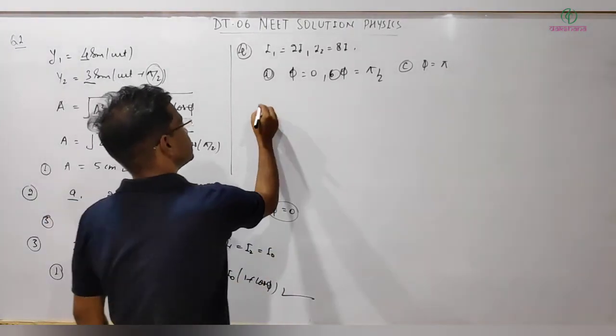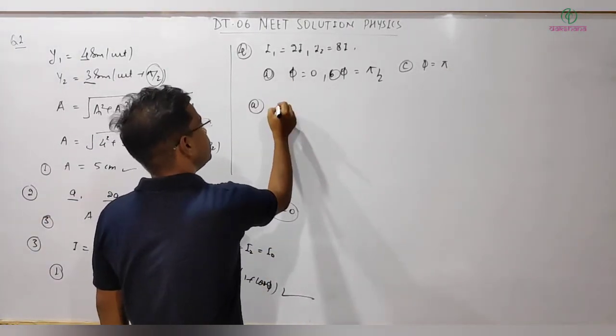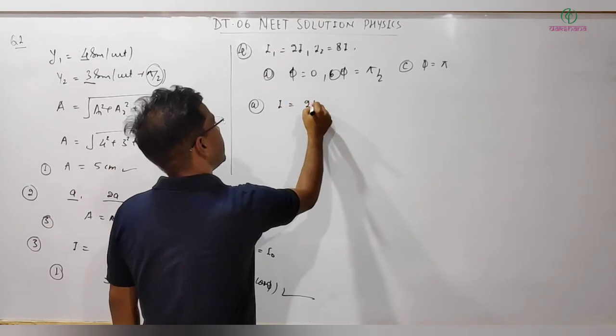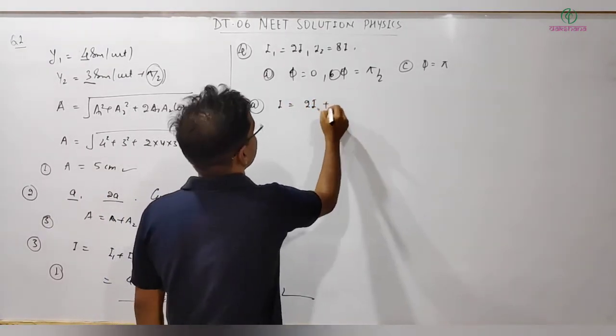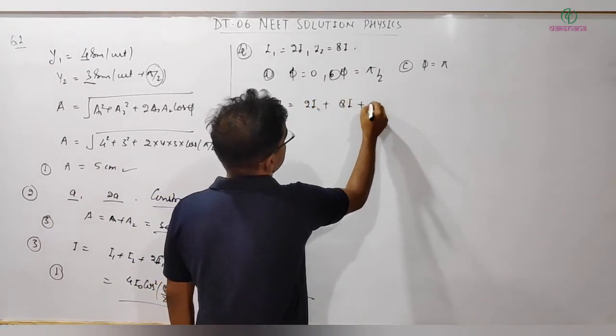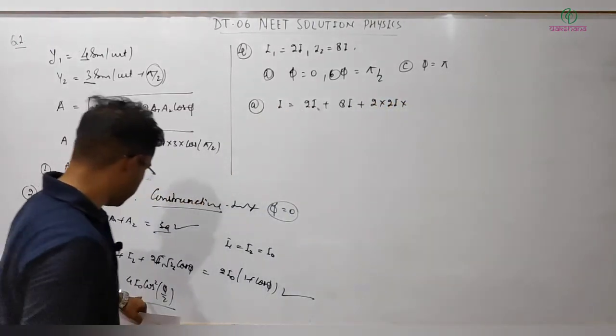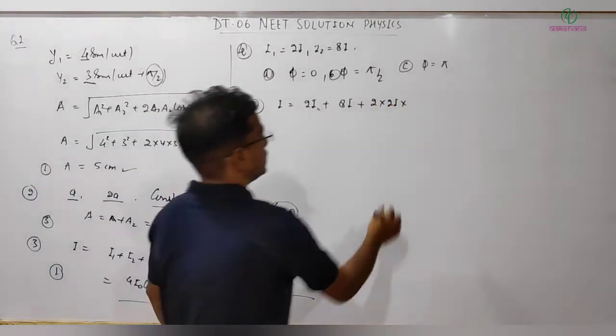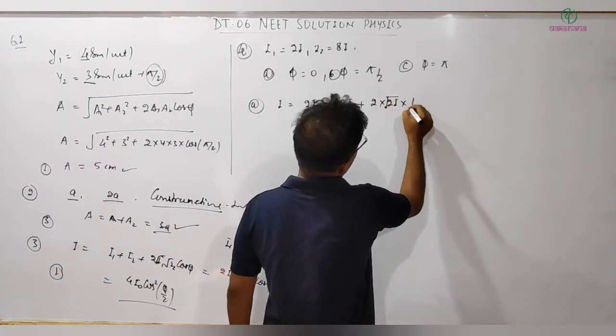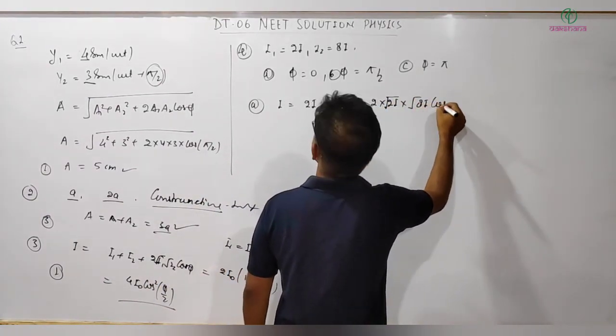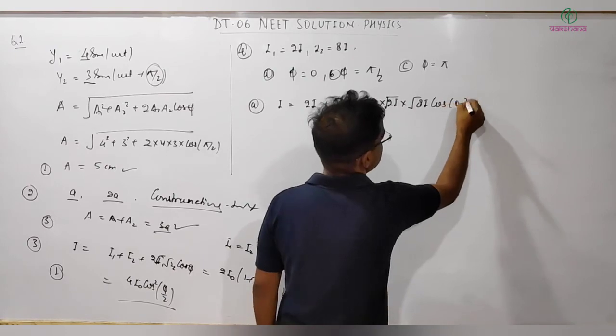Substituting in case A, the resultant intensity is 2I + 8I + 2 × √(2I) × √(8I) × cos φ, with φ equal to 0.